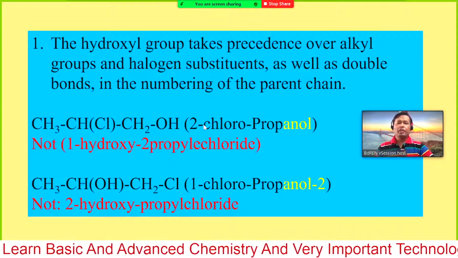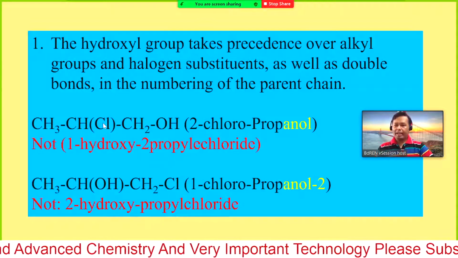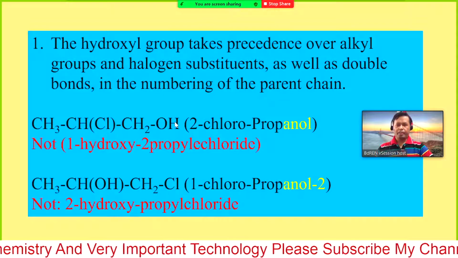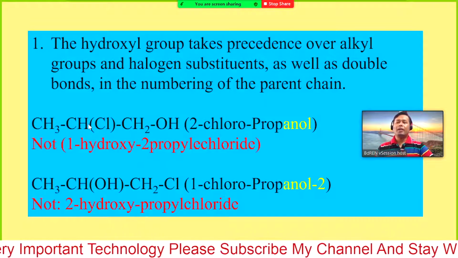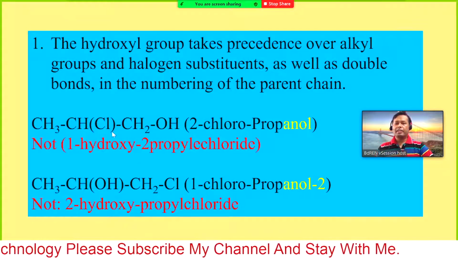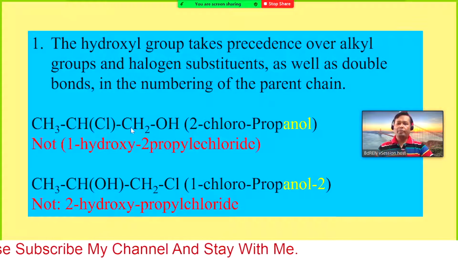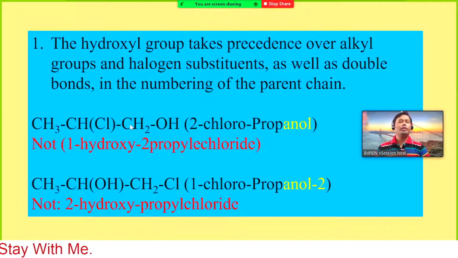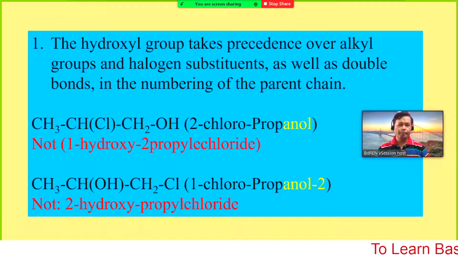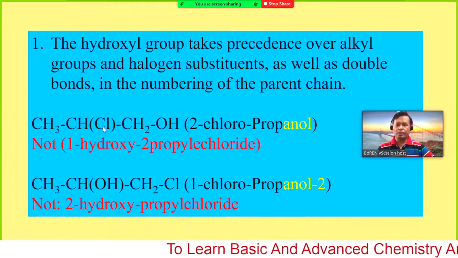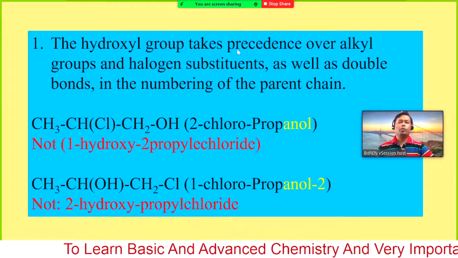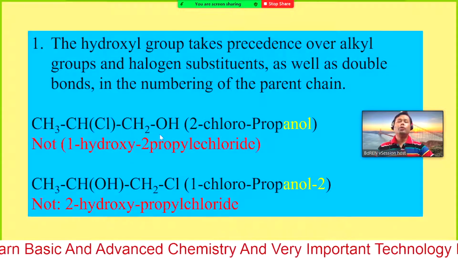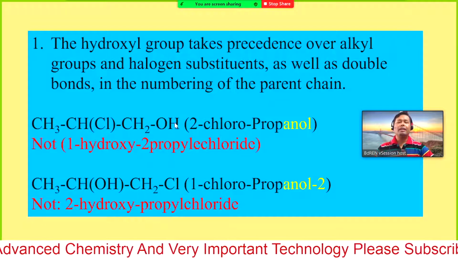So let's see, this is a compound containing a halide group and also an OH group. How can we name the compound? CH3, CH, Cl and CH2OH. So we have 3 carbon atoms, 1, 2, 3. Initially we consider that a 3 carbon alkane corresponds to propane. We have one halogen substituent and another hydroxyl group. From this rule we know that we have to give preference to the hydroxyl group.